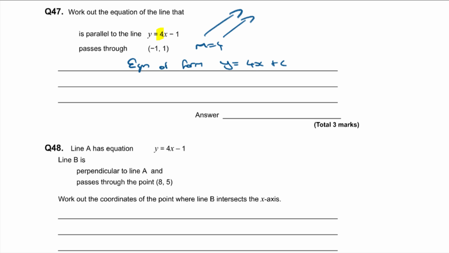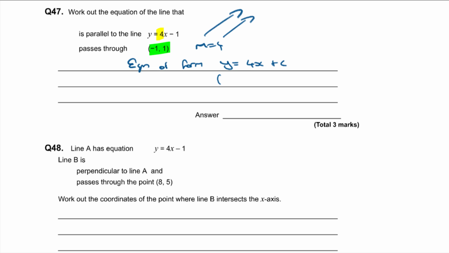Now how can we find c? Well, easily enough, we can just take this coordinate and we can sub it in for y and x, and then the only thing we won't know is c in that particular substitution. So we can then equate c to whatever's left over, and that will be our value of c. So let's sub in minus 1 for x and 1 for y.